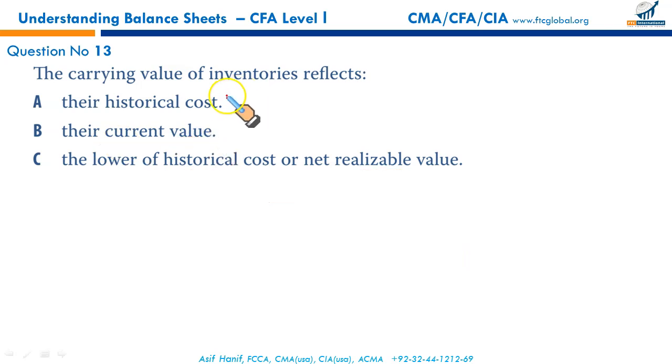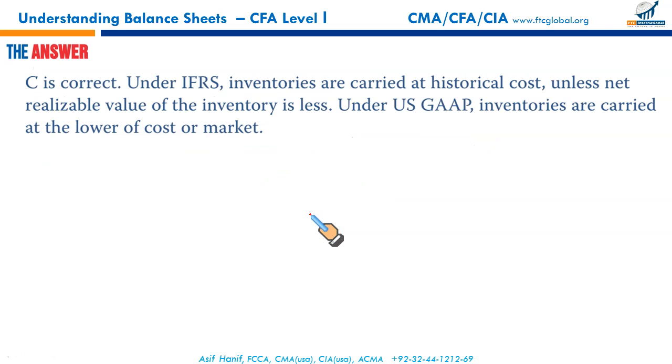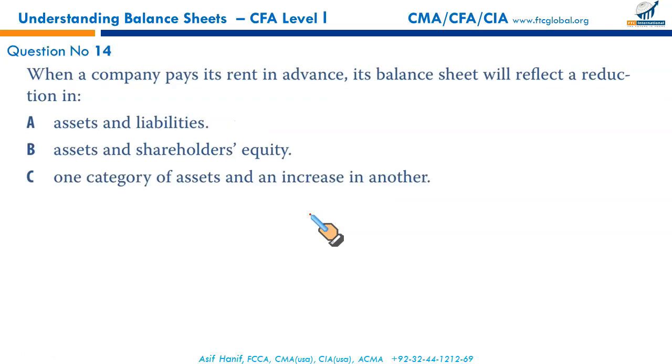So under US GAAP, historical cost could be the base, or current value could be the base. But this one is the most appropriate one, historical cost or NRV, because this is applicable in most of the inventory valuations. We'll see it in detail in our separate reading relating to inventory. So right now, C is the right answer. We'll deliberate upon these in detail later on.